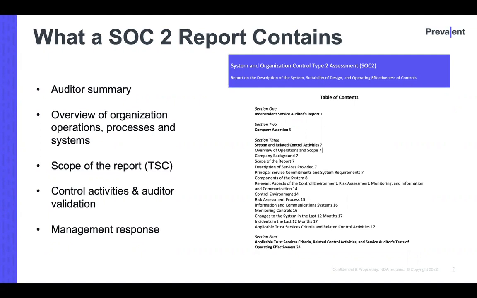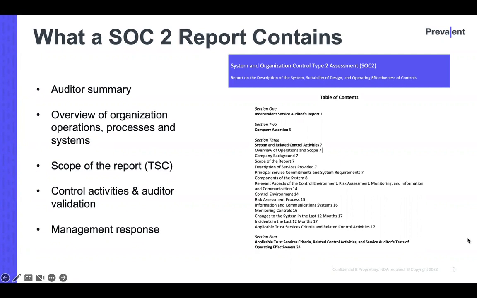Moving on to the overview of organizational operations, processes, and systems, it's worth highlighting section 3, just to underline the extent and the depth that this section can go to. As you can see, there's quite a lot of sub-controls, sub-clauses here, covering quite a large volume of the report.